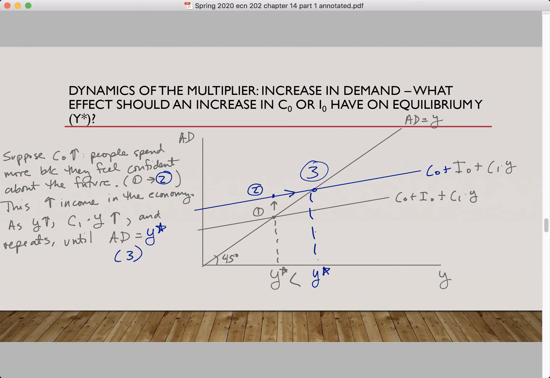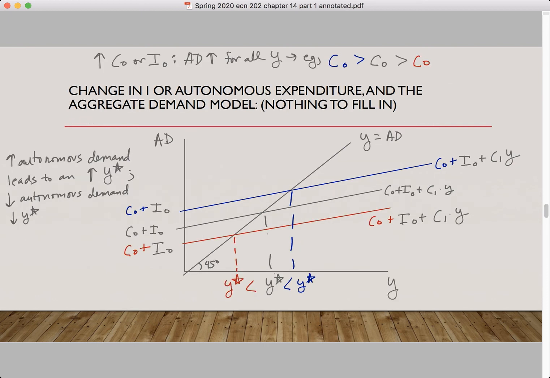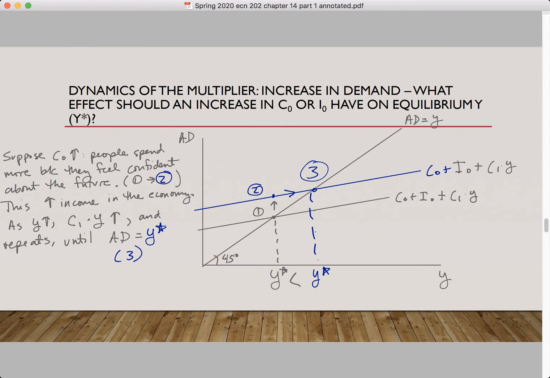This would be a jump from point 1 to point 2 in our function. If C0 increases to the blue C0, which is greater than the original spending, then we're going to expect more spending regardless of income. So we go from 1 to 2.